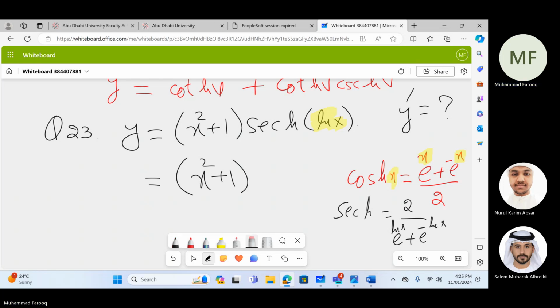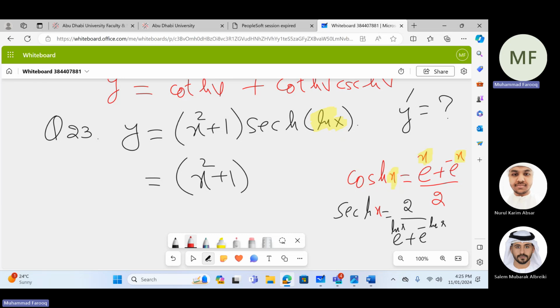Do you understand what I did here? I just used the identity. My question was secant, so I took the reciprocal of cosine, and this x is ln x, so wherever you have x, we put ln x. Now calculate: what is e power ln x? It is x.